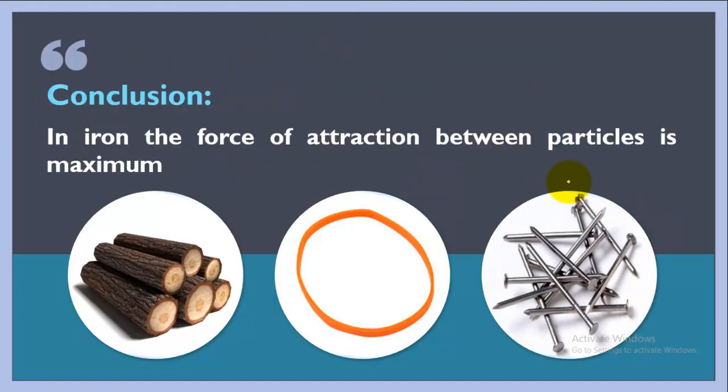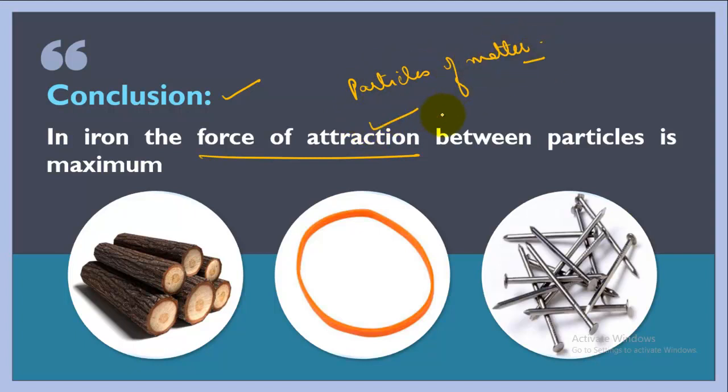Let's see. The reason is the force of attraction that exists between the particles of matter. If the force of attraction is higher, then we cannot break it. And if the force of attraction is lesser, then we can easily break it.